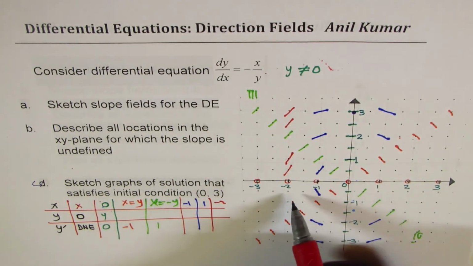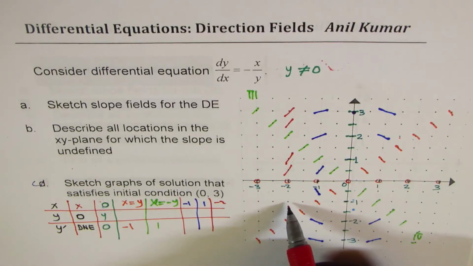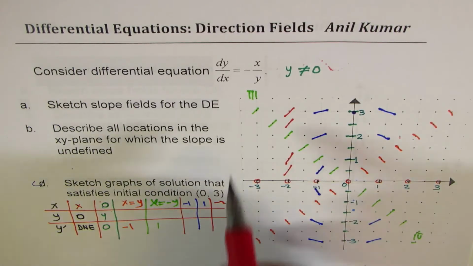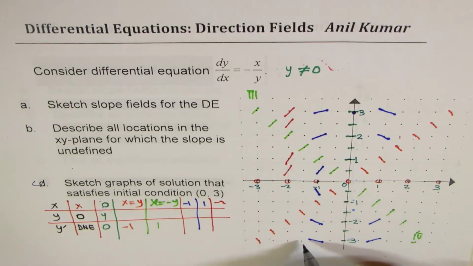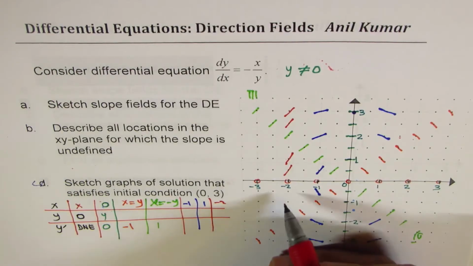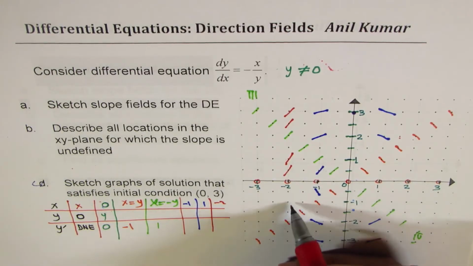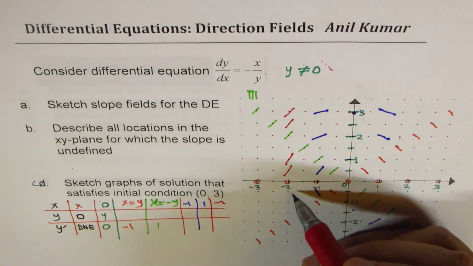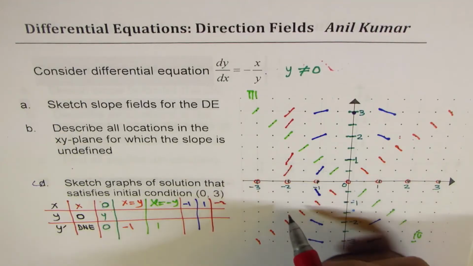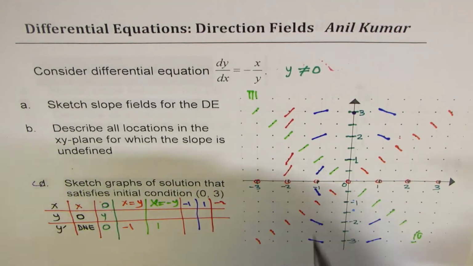Correct? If the y value is negative, then this one also becomes negative. So here all the slopes are going to be negative. Perfect. All slopes are dropping down. And minus 2 over minus 1 is just 2, so at this point the slope is minus 2.